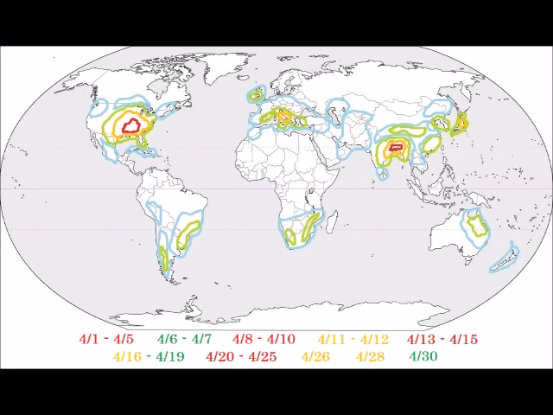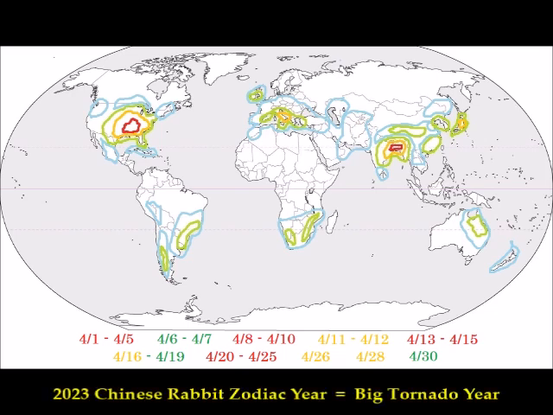So this year of the rabbit repeats every 12 years, and I've noticed over time that there seems to be about a 12-year occurring pattern relating to certain years. Some years tend to be really bad for hurricanes, some years tend to be really bad for earthquakes, some years tend to be really bad for weather events like severe weather and tornadoes, and this year is a really big tornado year. It's among the biggest ones.